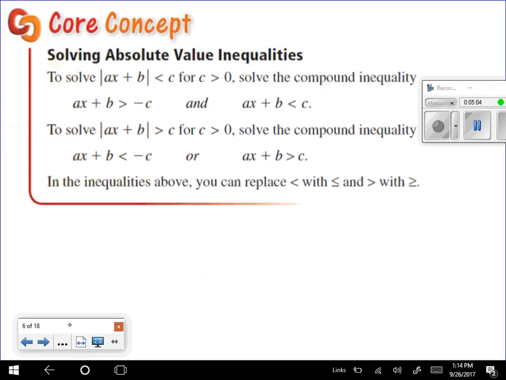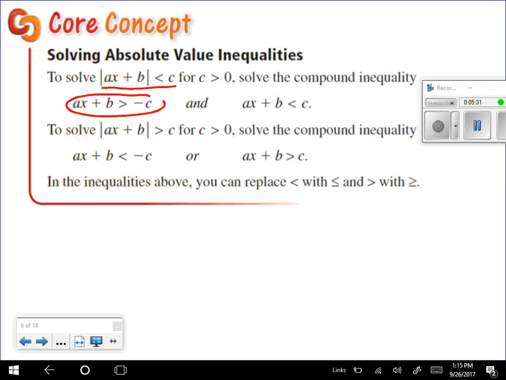Well, first let's look at this core concept. This will be in your journal. So you don't necessarily have to write all of it, but it might be actually beneficial to write this down. What I want you to write down is this. To solve this, whatever you have inside the absolute value, whether it's x or 5x or 5x plus 1, if it is less than c, we're going to break it into two parts.